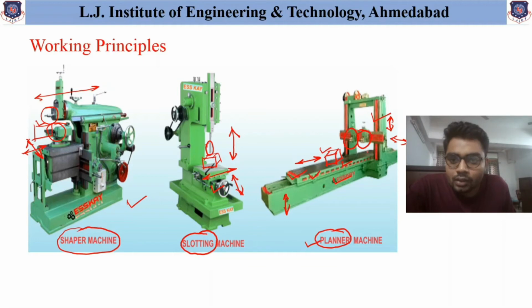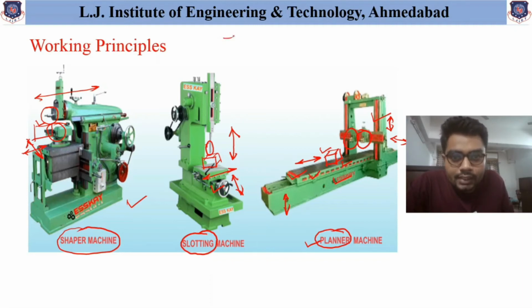So we have discussed the basic working principles, that is how these machines operate. To understand the operating movement of these different machines, two major movements are required: the first one is primary motion and the second one is auxiliary motion. Now let us summarize.